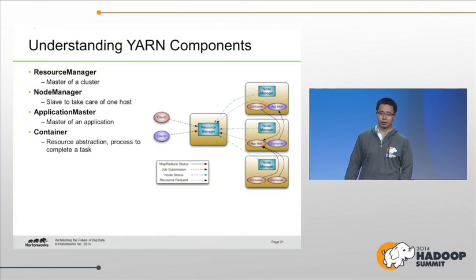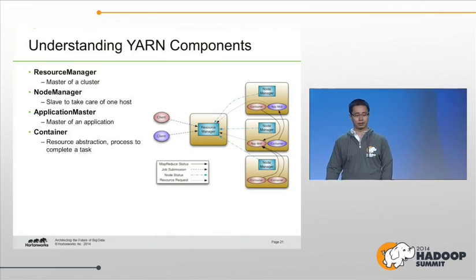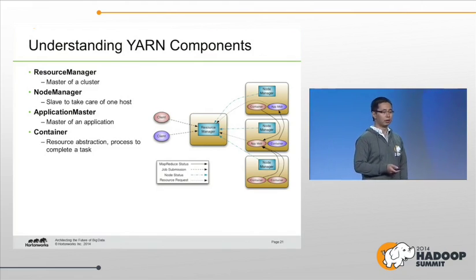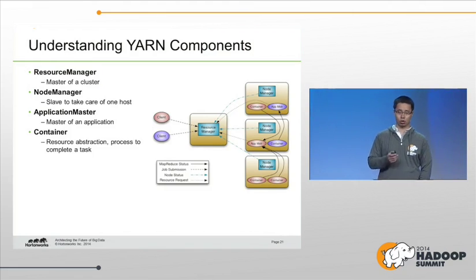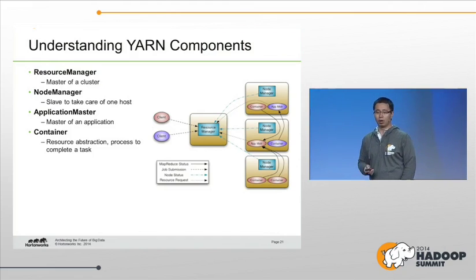It is the master that controls everything in a cluster, and it is also the main point for your application to contact. The NodeManager is the manager of a single machine. It controls the resources on that machine, and it is also responsible for running your application code on that machine.